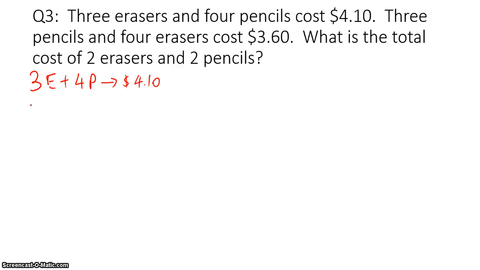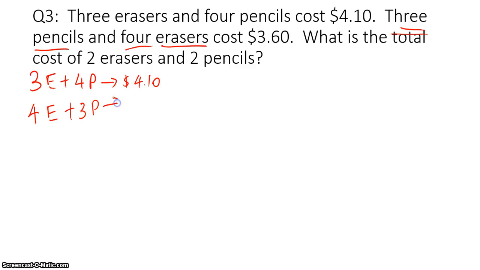So I want to put my erasers in front so that it's easy for me to compare. So instead of putting 3p and 4e, I put 4e plus 3p. It's the same. Okay, the number of pencils and number of erasers are the same.